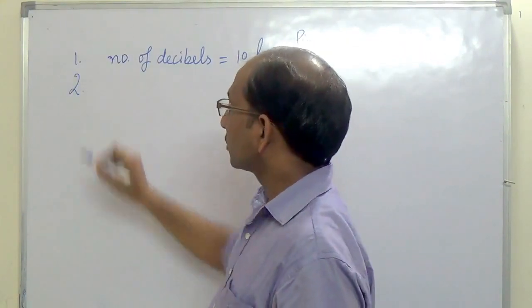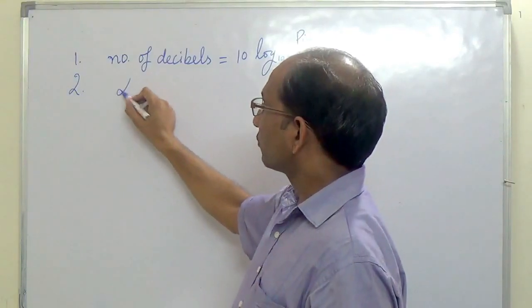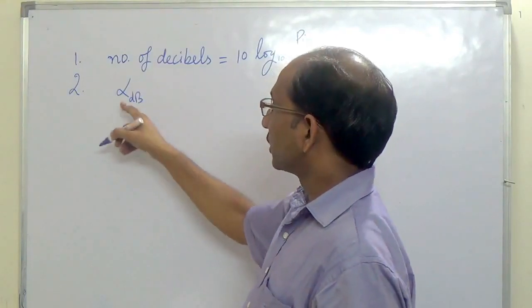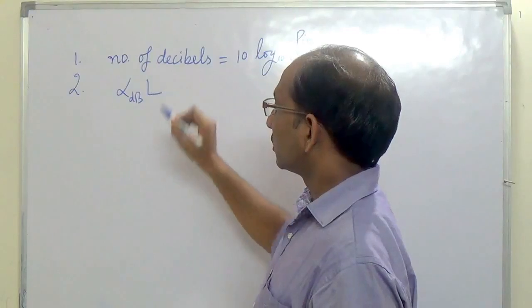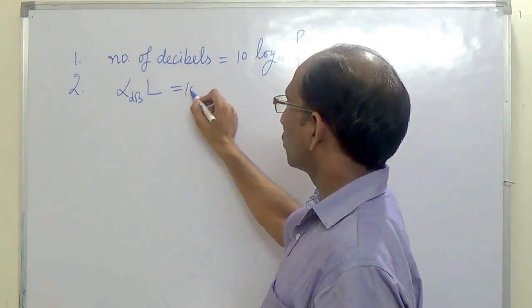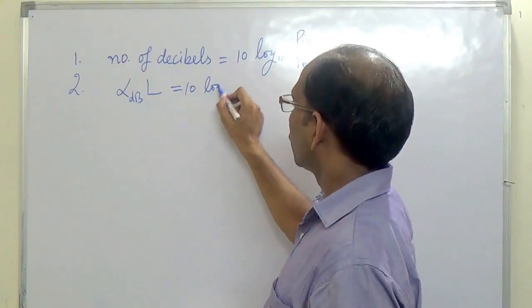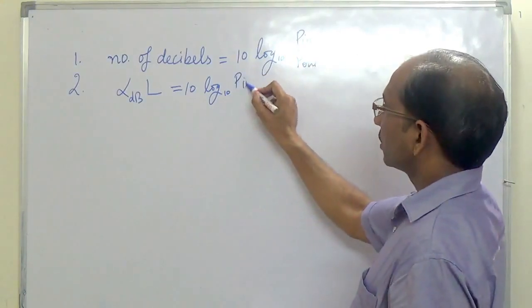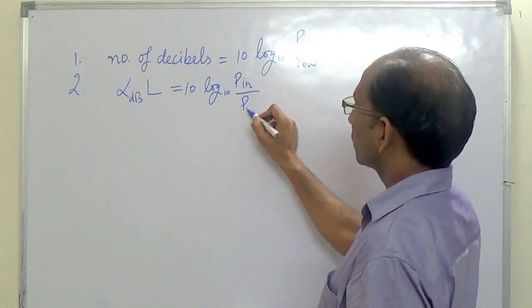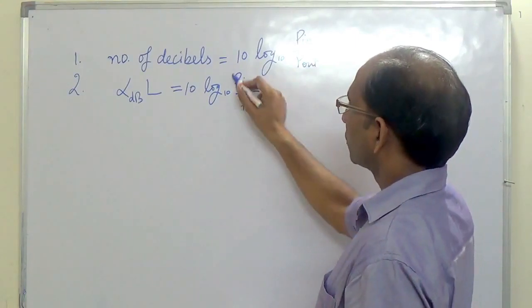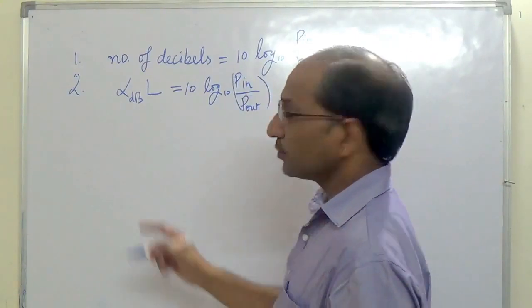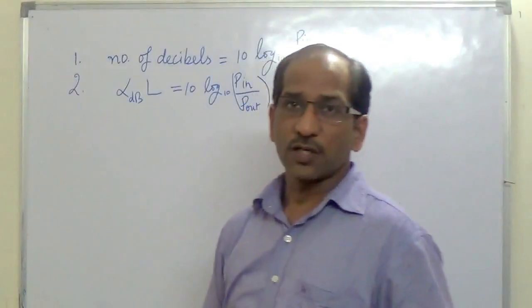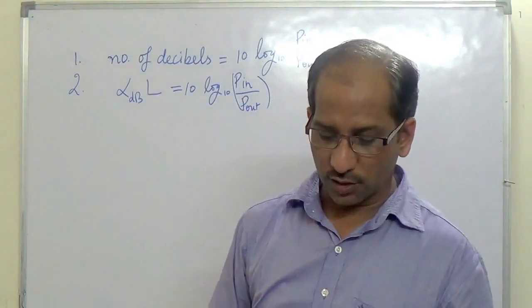Second formula is alpha dB, that is attenuation, times length, is equal to 10 log base 10 of P input upon P output. So these are two basic formulae for the attenuation, and now the numerical problem.